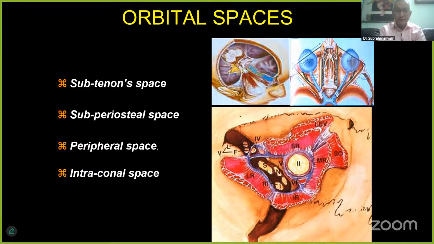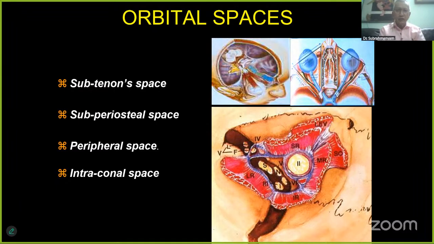So that pathologies involving all these structures can cause proptosis, which is primarily a case of orbital disease presenting as proptosis. At the same time, pathologies elsewhere can also extend into the orbit and can cause secondary proptosis, and orbit may also be a location for metastasis.